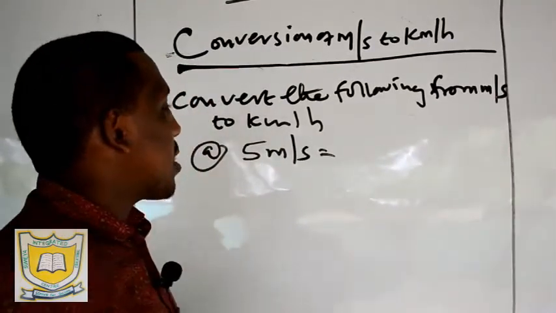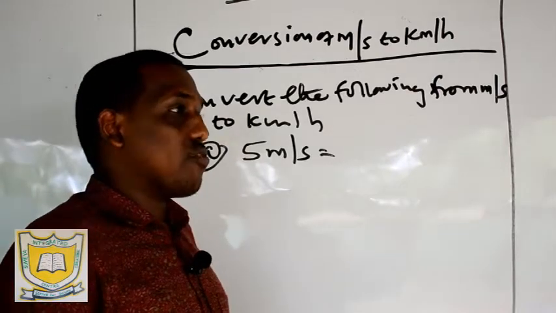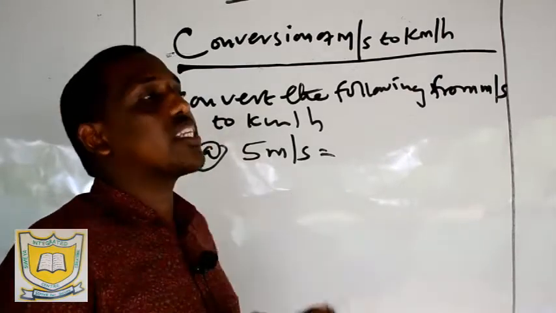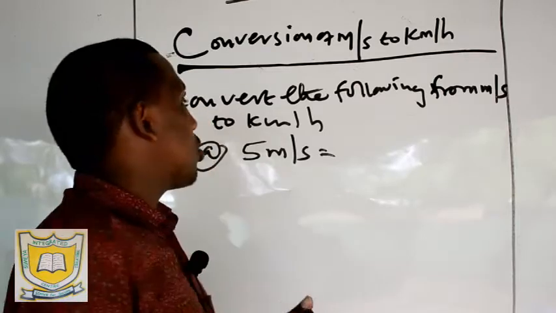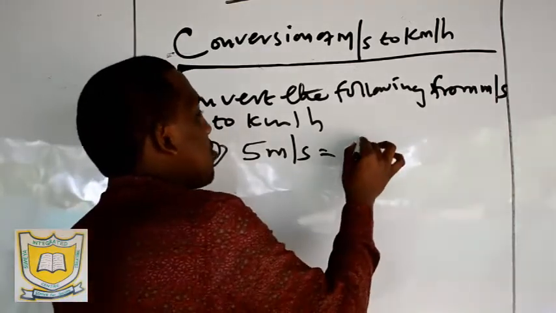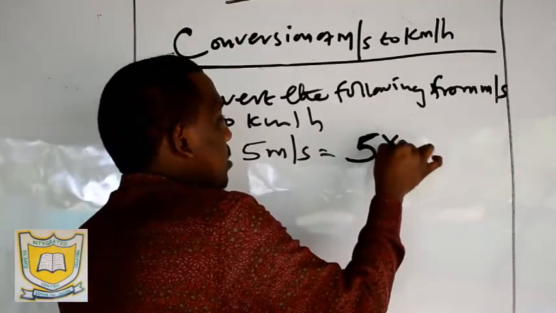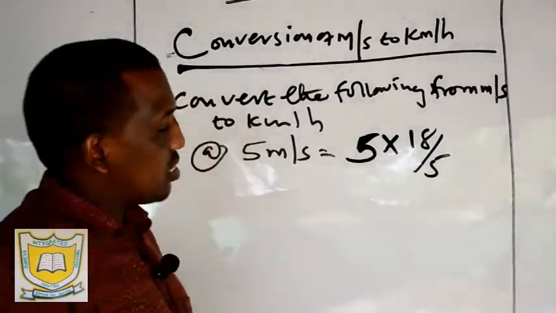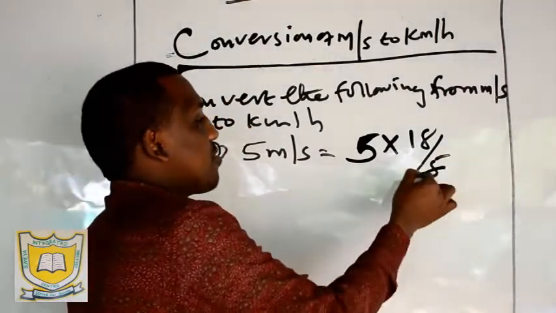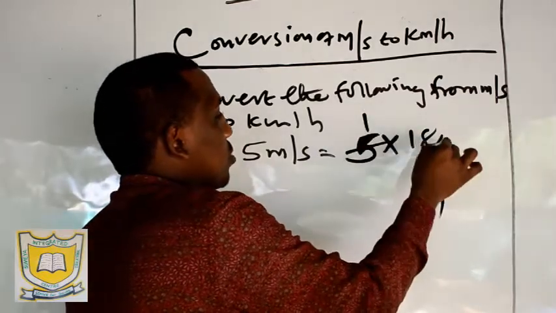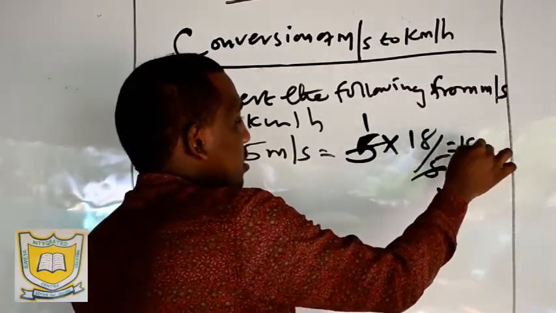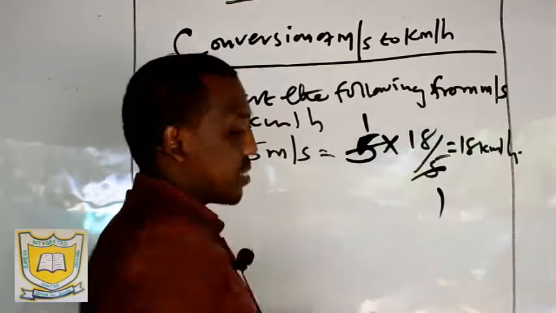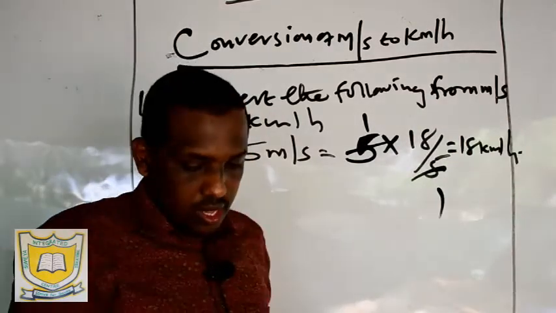What do we do? Remember the other one we were saying times 5/18. This one is now the vice versa. We make that one reciprocal. So here you will say 5 times 18 out of 5, so you say by 5/1 by 5/1. Here you will get 18 kilometer per hour. That is how we get it.